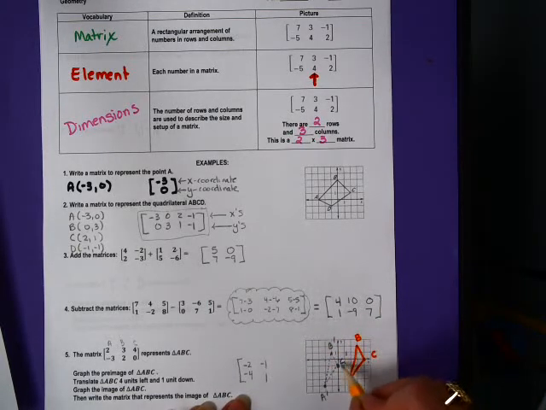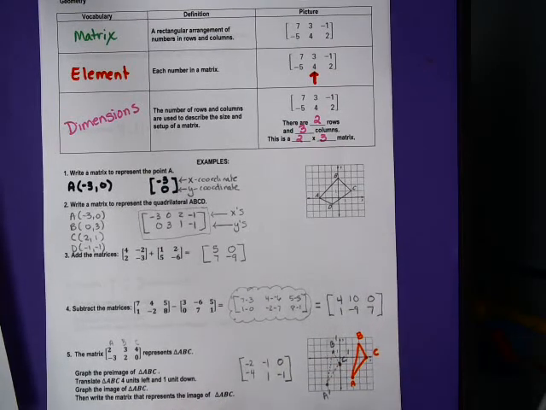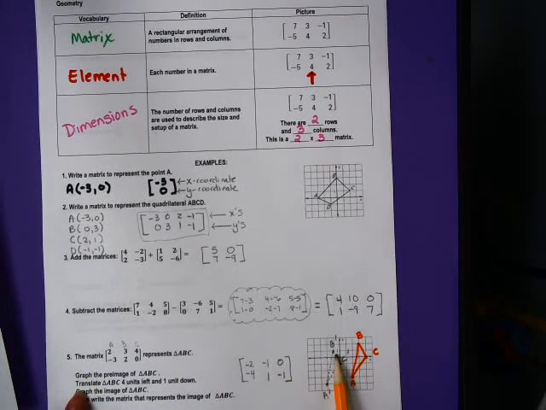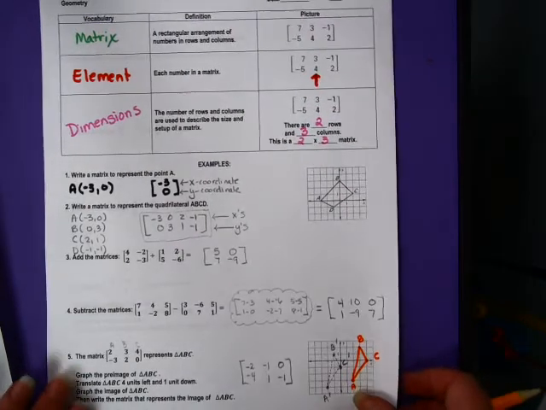And my C prime is going to be at 0, negative 1. Okay, so check to make sure you've done everything. Here I've graphed, that's in orange. I've translated, that was the movement. Then I regraphed the image of triangle ABC, so that's A prime, B prime, C prime. And then I wrote my matrices. So my matrix is right there. Okay, so I am done.